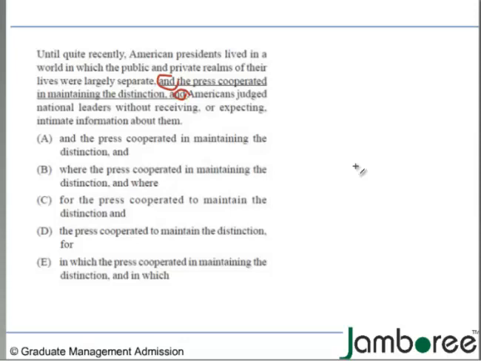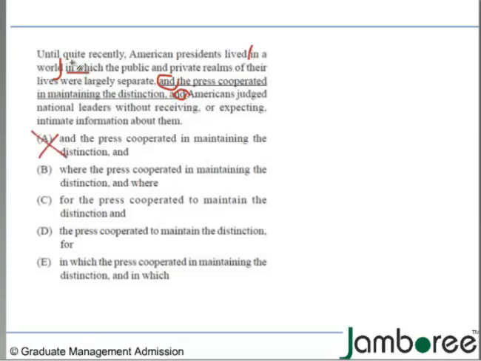Just to confirm, I read: lived in a world in which public concern, the press... so it's talking about this world. Lived in a world in which something happened, comma, something, and so I don't need two "ands," so this option is out.